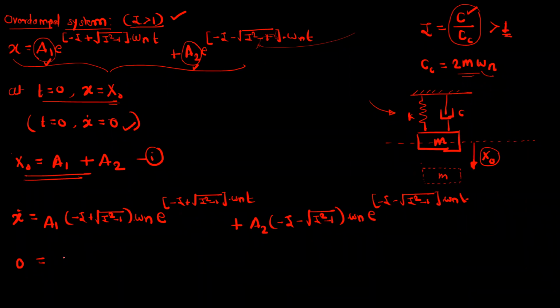So we will get minus zeta plus square root zeta square minus 1 into omega n into constant a1, plus, again here e raised to 0 will become 1, so minus zeta minus square root zeta square minus 1 omega n into a2. So from this we will get some relation between a1 and a2.